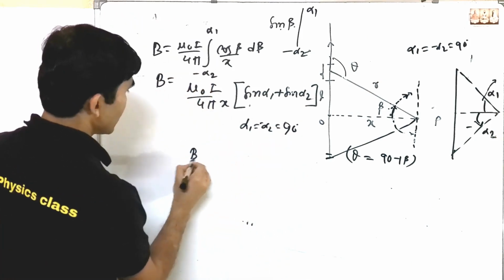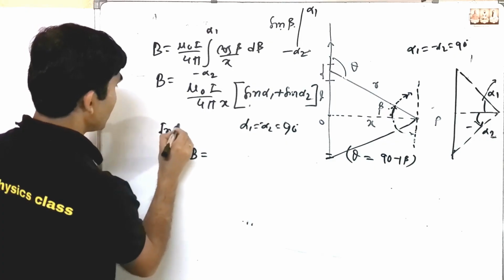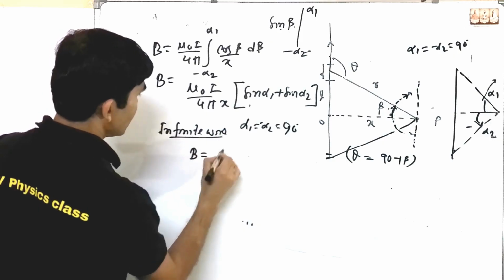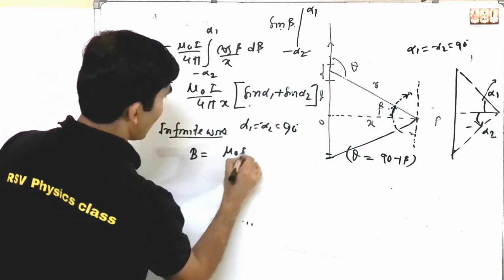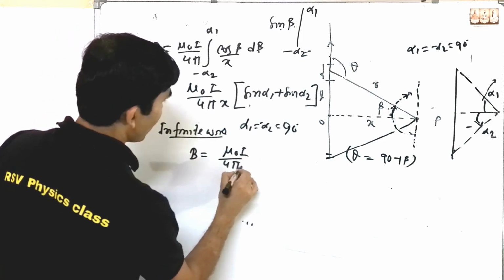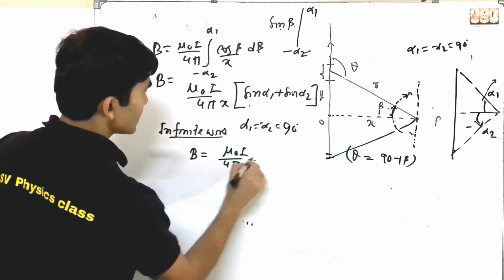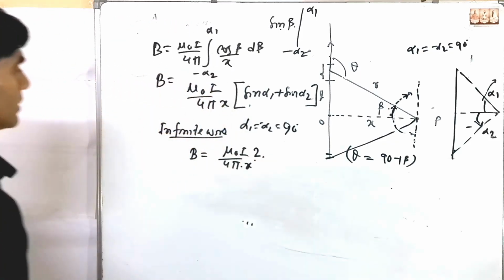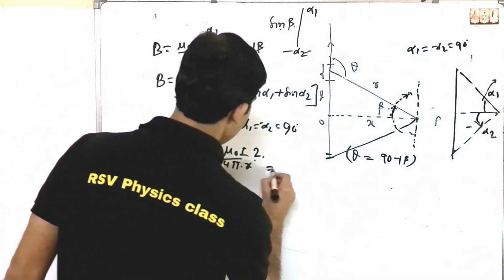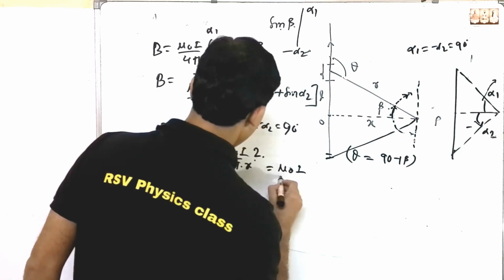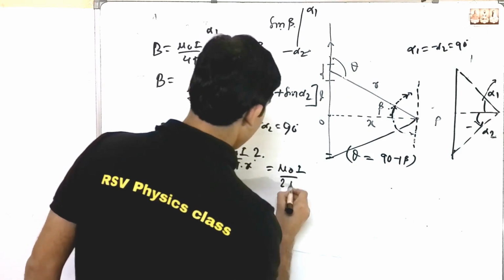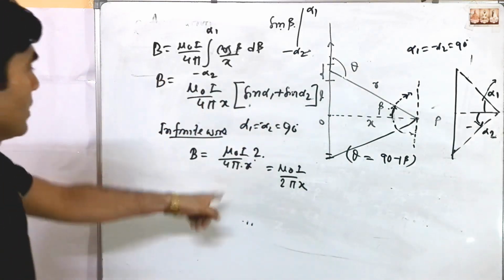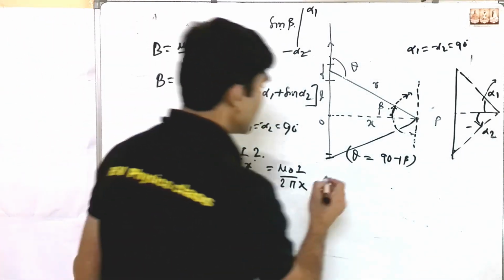So B for an infinite wire equals mu 0 I over 4 pi x, and it will be twice I. So basically B is equal to mu 0 I over twice pi x. This is the magnetic field for our infinite wire.